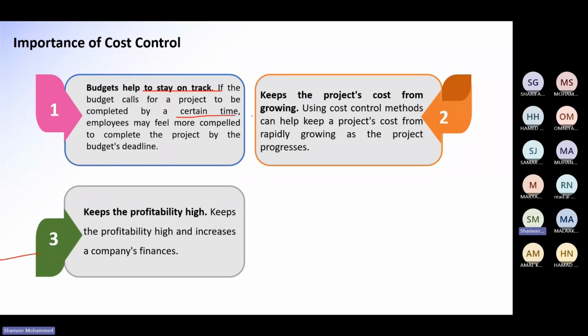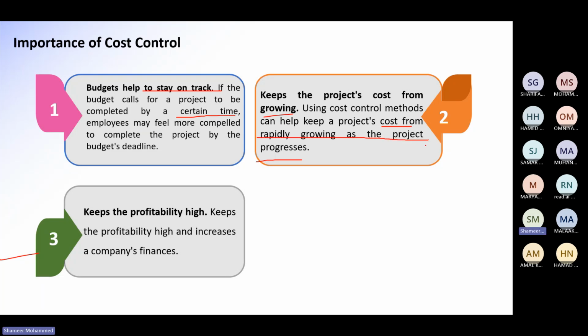It will keep the project cost growth visible. You can control the cost of the project. If you are spending more money or less money, that can be easily seen. The progress of the project, and how the cost is growing, can be easily seen.